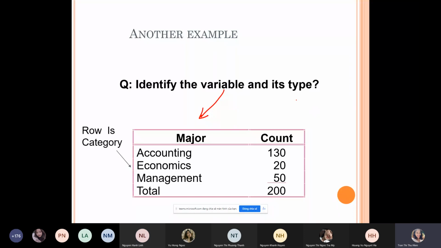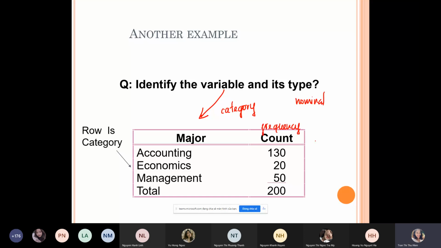It is categorical or qualitative data, and it is nominal because you can't say whether accounting, economics, or management is better than the others. Is it clear to you how to classify the type of data and the scale for each kind of data? And the count column here is the frequency.